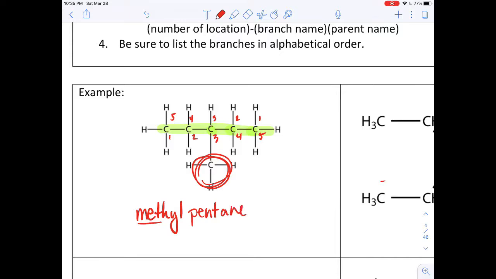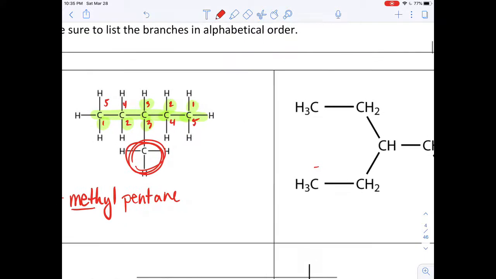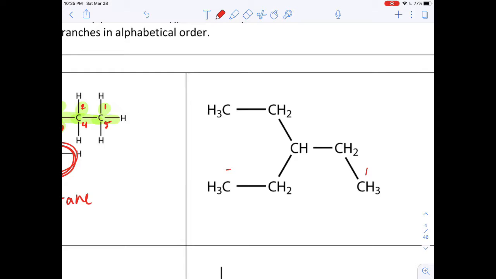But that methyl branch could be coming off a different carbon, so I need to number which carbon on the parent chain it comes from. Here I've got 1, 2, 3, or 1, 2, 3. In either case, this would be a 3-methylpentane. It doesn't really matter which way I count it from.